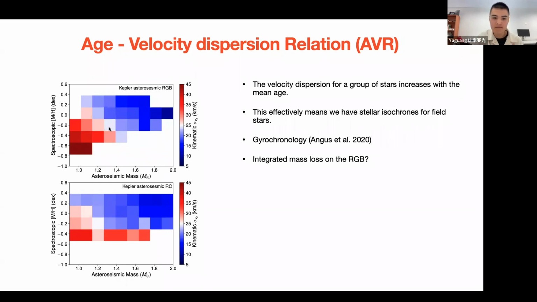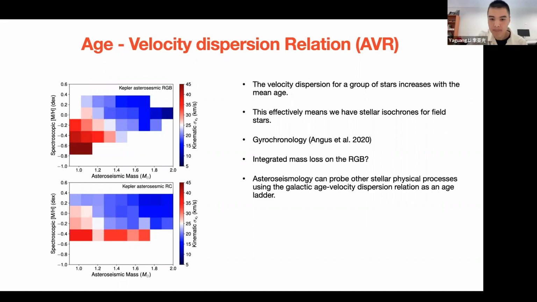This value has been confirmed using observations of open clusters, but now we can do a lot more with field stars, because we can explore this amount of mass loss as a function of metallicity and mass, which is something we couldn't really do before with only a few open clusters.